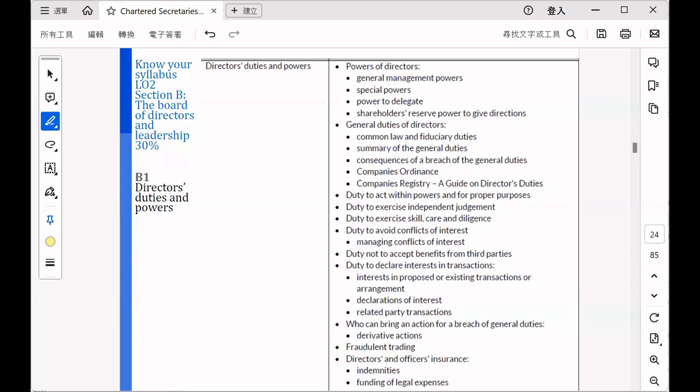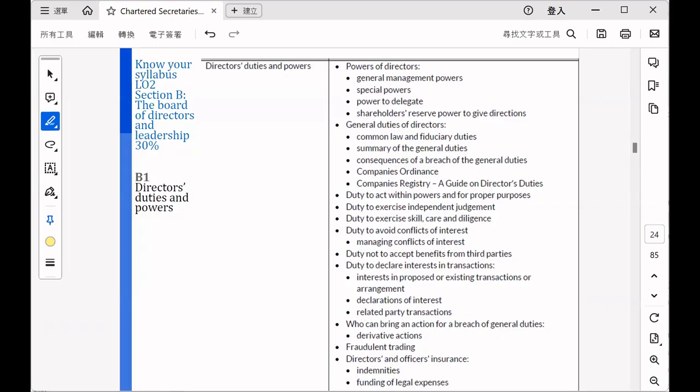I would like to remind the candidates that within these duties of directors, they need to distinguish common law and fiduciary duty. So usually the duty to exercise care and skill and diligence is a common law duty. And also it's called care and skill duty.